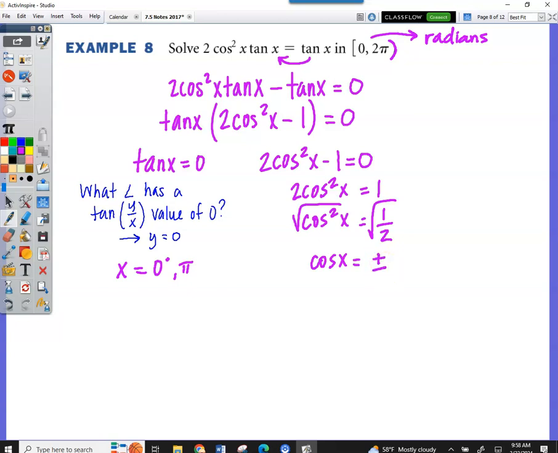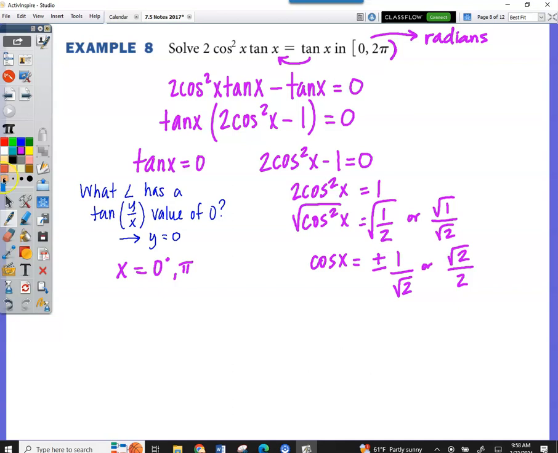And this would be square root 1 over square root 2, which means 1 over root 2. Wait, I thought we couldn't have a radical in the bottom. Well, you can't. I'm not done. So the fact that it says positive, negative means we're pulling from all 4 quadrants.